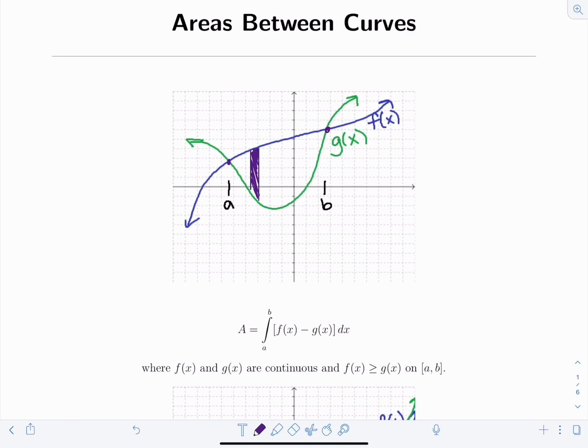Well, the base of each of these rectangles, we would still use delta x or dx to represent. And then now the height of the rectangles could be found by taking f of x and subtracting g of x, right? So that is basically where we get our formula from to find the area between two curves.